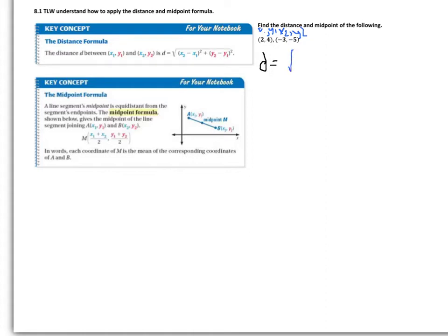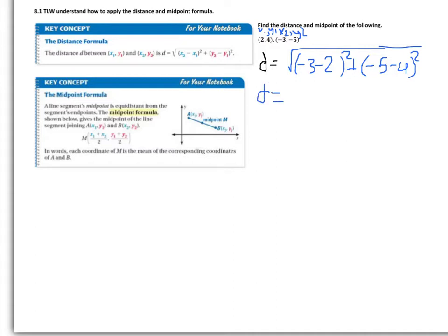So you get negative 3 minus 4, minus 2, squared, plus negative 5 minus 4, squared.